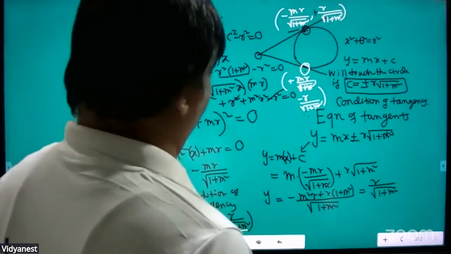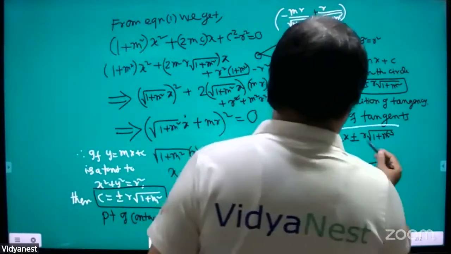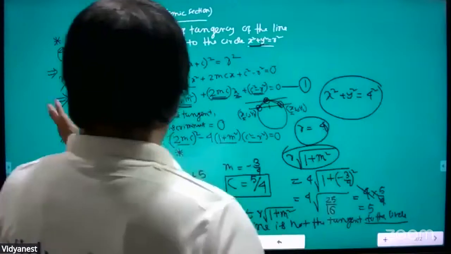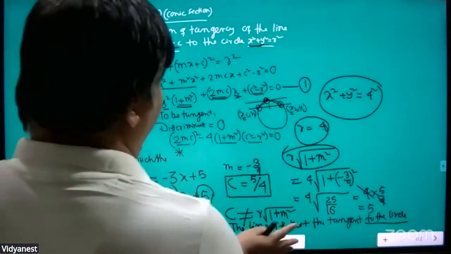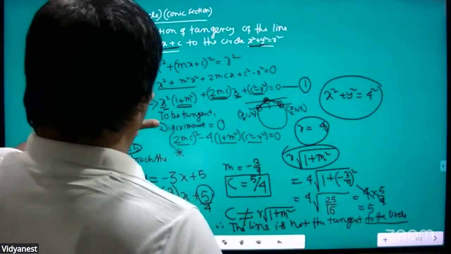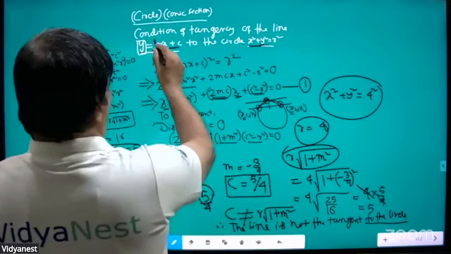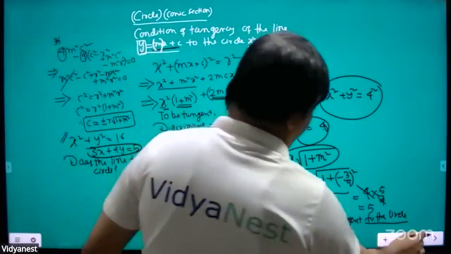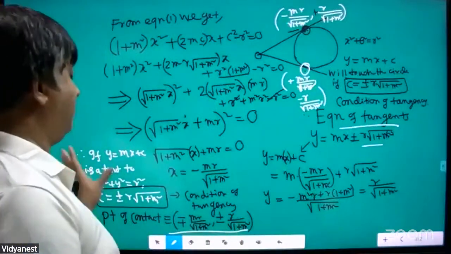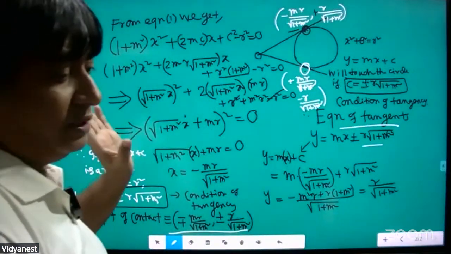And this is the equation of the tangent. So that is the total theory of tangency in slope form. Here it is slope, and the point of contact and the equation of the tangent.